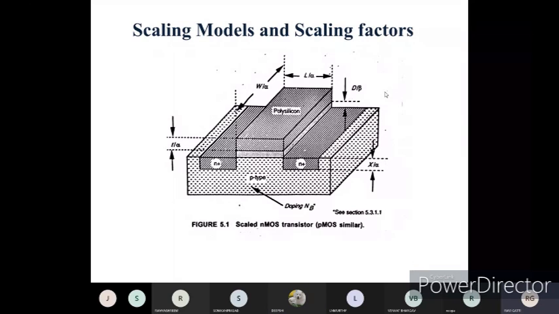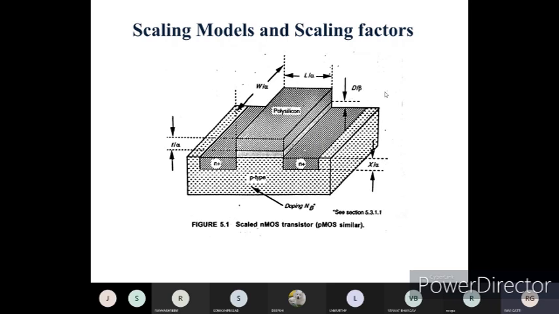Linear dimension. Yes, very good, Dikshit. We will be using this 1 by alpha when we are using linear dimensions, that is length, width, thickness. For all these parameters, we will be using the scaling model 1 by alpha, that is the linear model.